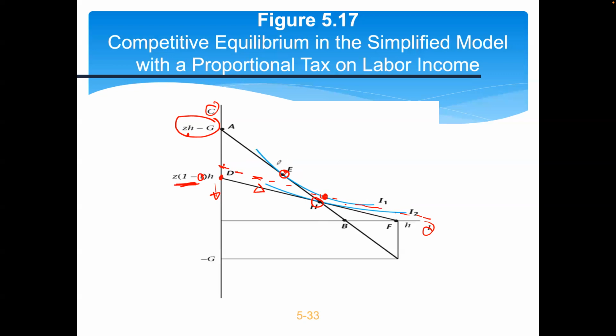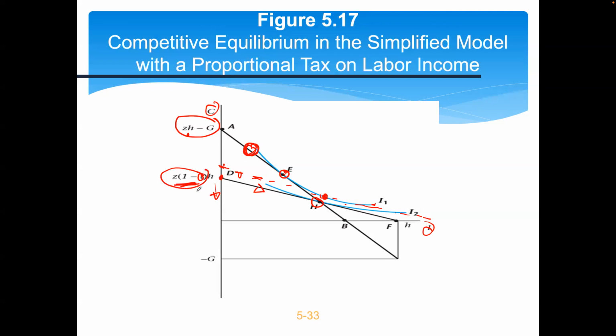This is coming from the pure substitution effect, right? Because why? If you compare this solid line with this dotted line, this dotted line is tangent with the original I2, which keeps the income. But now this dotted line is much flatter compared to the original solid line because your take-home wage is lower.